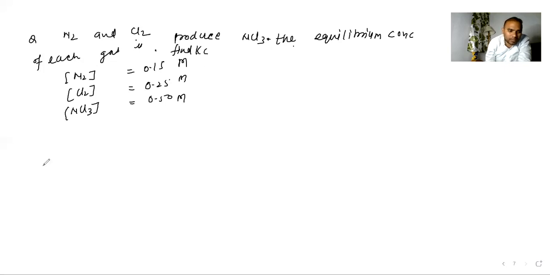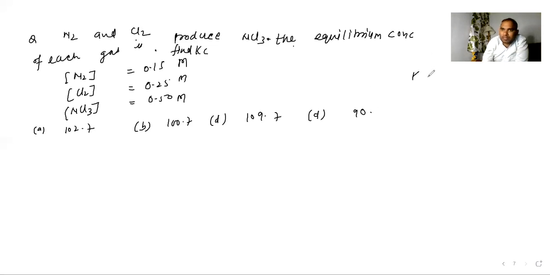So they have given the options, please try to calculate. Option A is 102.7, B is 100.7, C is 109.7, and D is 90.